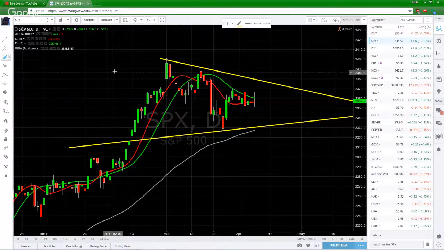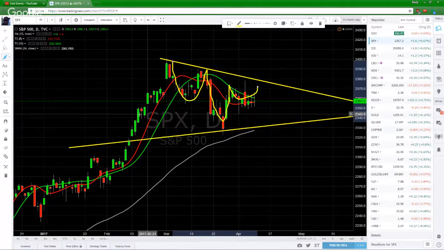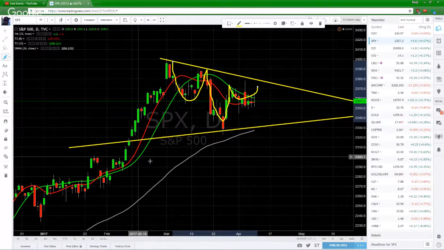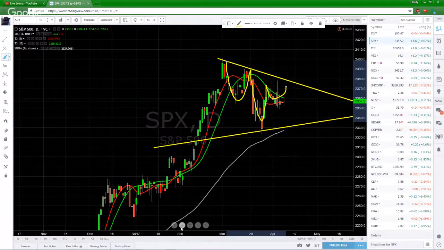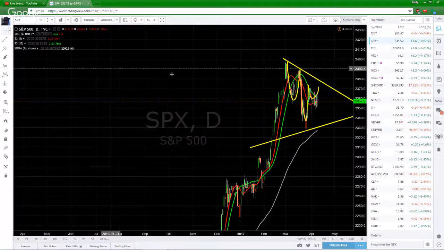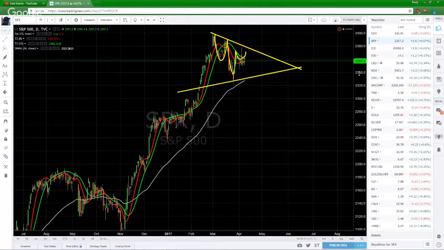This looks like a reverse head and shoulders top. And that's the thing about these things. Is that a reverse head and shoulders consolidation? Now, reverse head and shoulders is supposed to come at the bottom. Reverse head and shoulders are at the bottom.